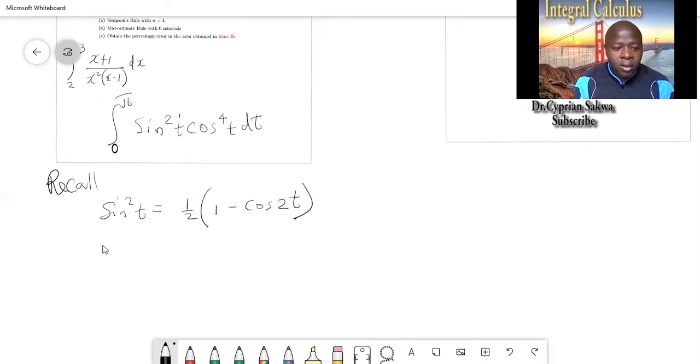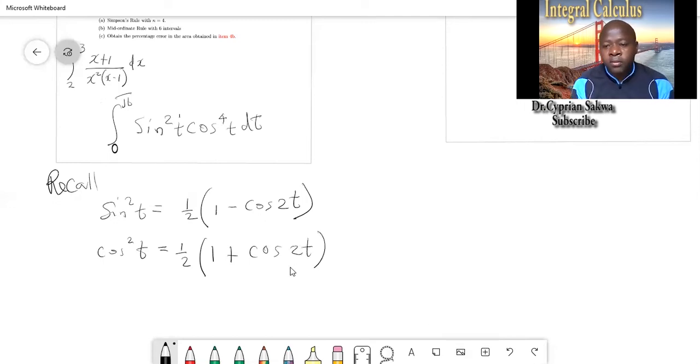And we also recall that cos square t is a half into (1 plus cos 2t). So you must recall this. This is from trigonometry. But if the exponents were odd, we don't need to recall this.